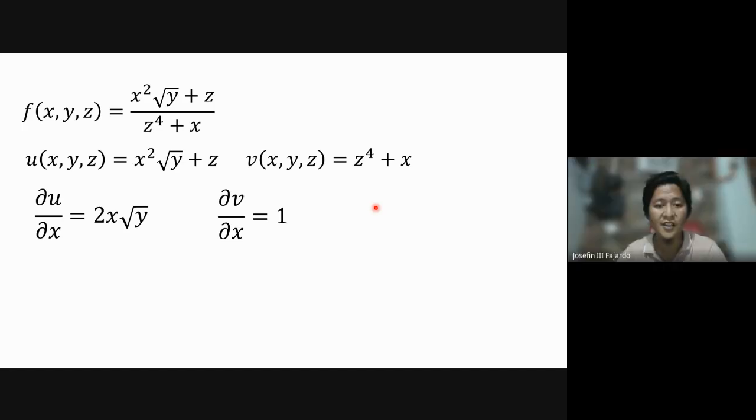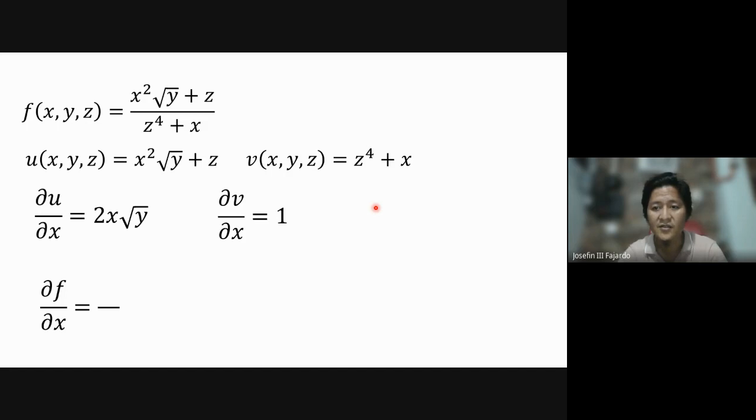So, if we try to get now the partial derivative of f with respect to x, gagamitin na natin yung ating formula ng quotient rule, di ba? So, we get the denominator.